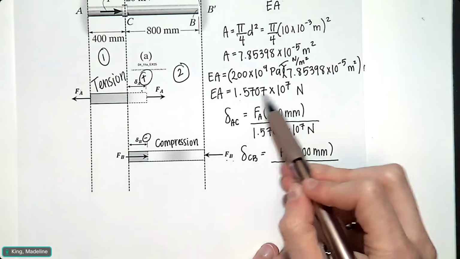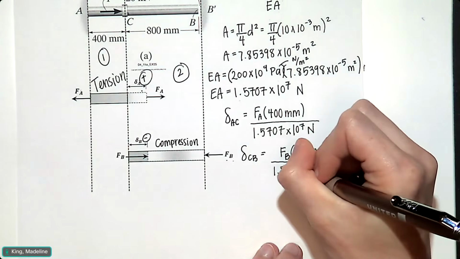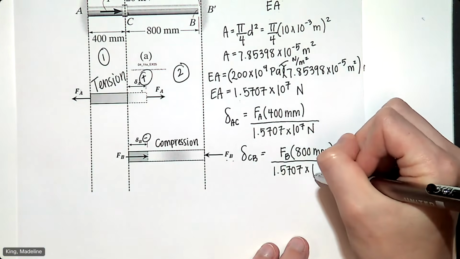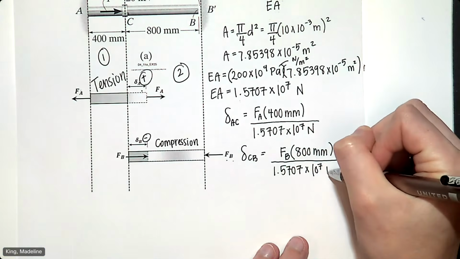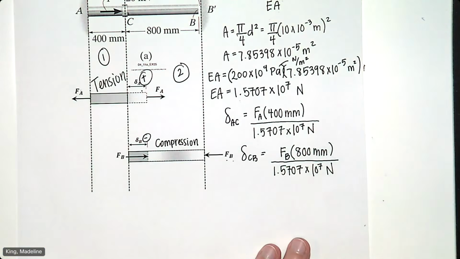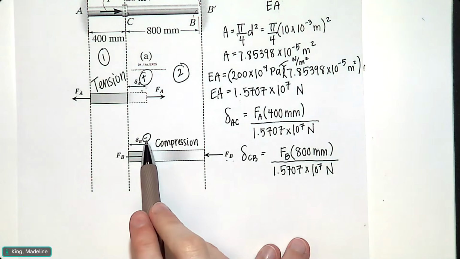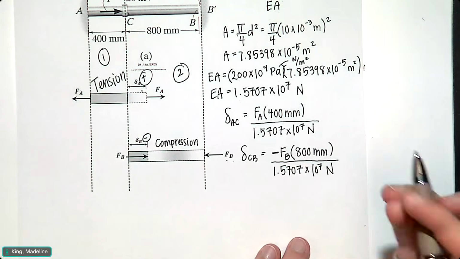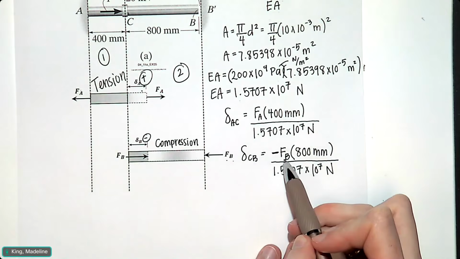Again, EA is that number, so just rewriting it again. Now, for delta CB, remember how I said it's compression? So that is going to be associated with a negative sign. So we're going to do negative here for our force at B.